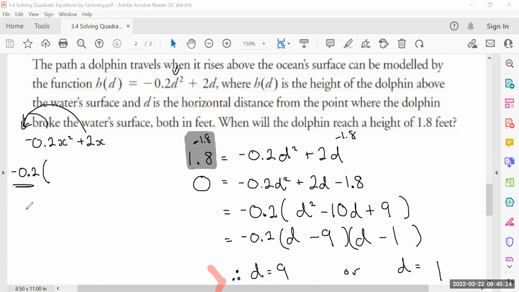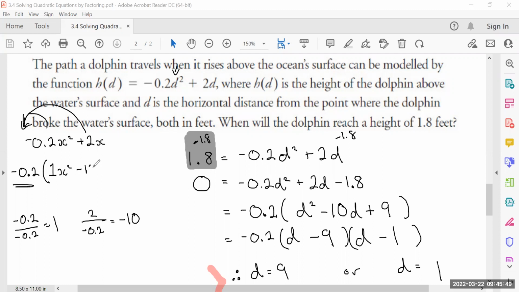Okay, so let's take this one step at a time. Negative 0.2 divided by negative 0.2 is going to be 1. It's the same number. That's why I get 1x squared. Next, 2 divided by negative 0.2 turns into a negative 10.